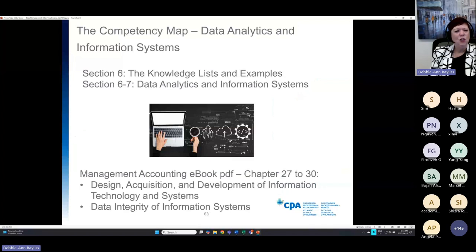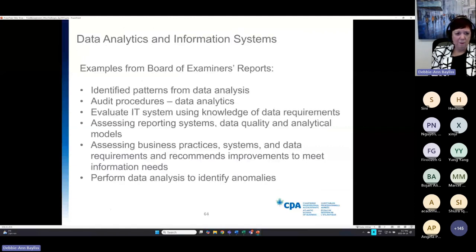The last thing I want to share with you is that there is a section under the knowledge list and examples around data analytics and information systems. So we as CPAs have to be able to conduct certain types of analysis and be able to provide some advice. There's some great information in the management accounting ebook. I've included the chapters there.